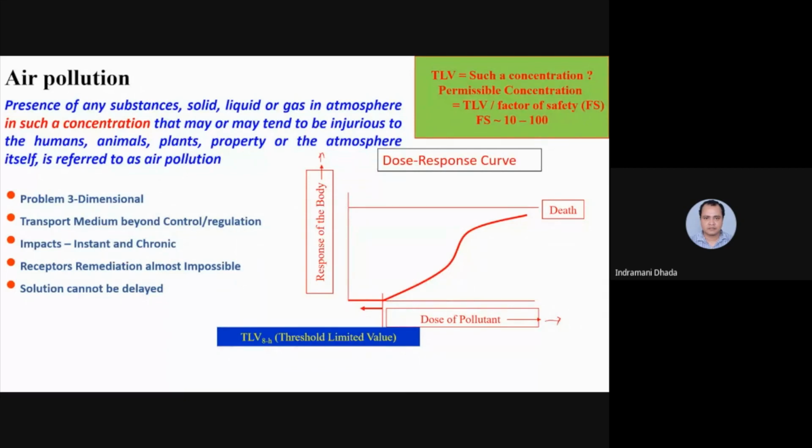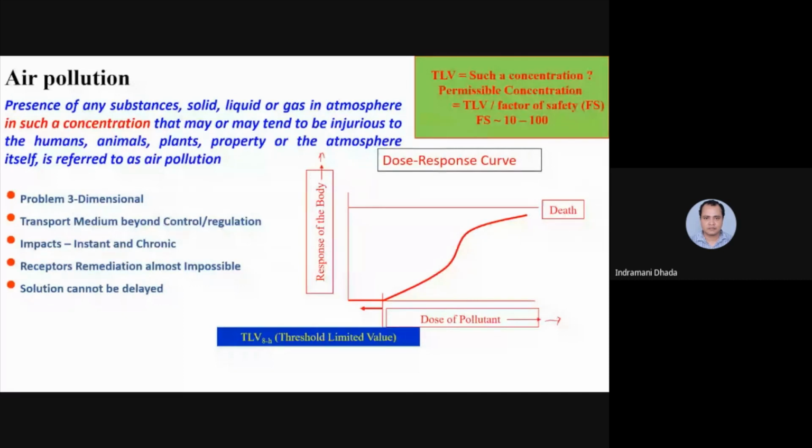If in 60 ppm of SOx inside the chamber 50% of the mice die, then we can say the lethal dose of SOx is 60 ppm. LD50 is 60 ppm, so 50% of the mice die.